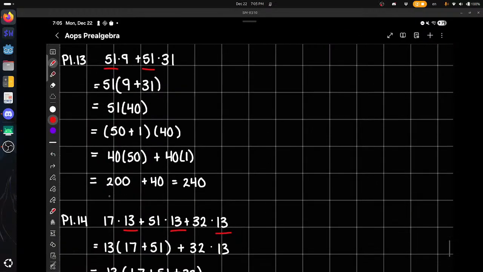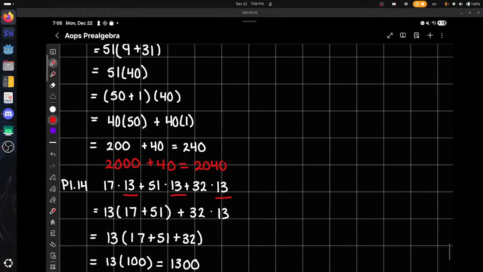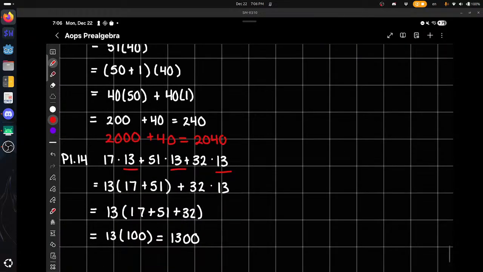This was supposed to be 2,000 plus 40, which makes the answer 2,040. Yeah, just a simple arithmetic mistake. But we get the general concept. That matters more. Like, we understand the distributive property. We just don't know how to multiply.